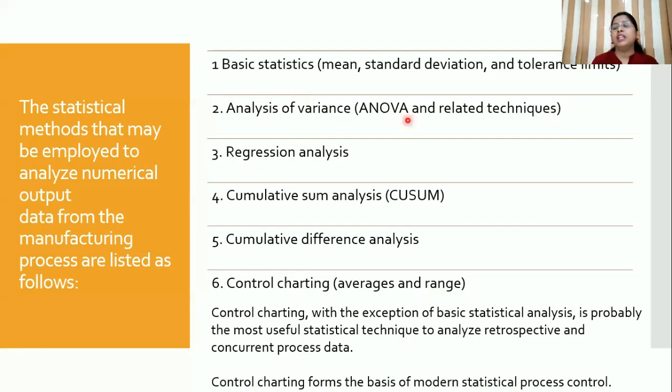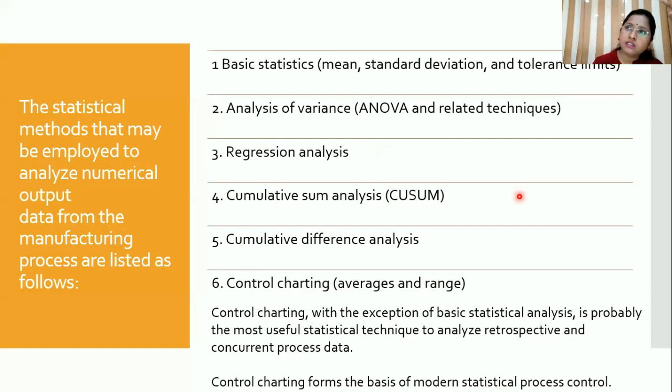Then analysis of variance like ANOVA and related techniques. So generally this ANOVA is applied to the data, right, for the final product. Then regression analysis that we have to do for the manufacturing process data we have. Then cumulative sum analysis. Cumulative sum analysis is, we can say, the sum analysis for the product.